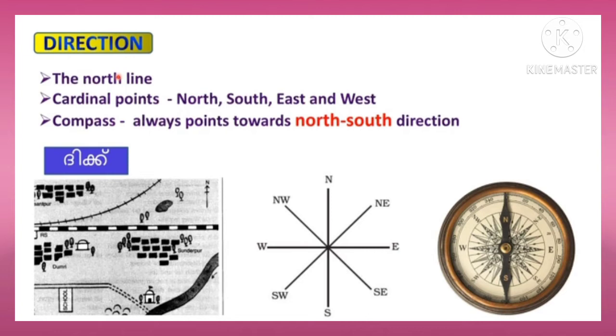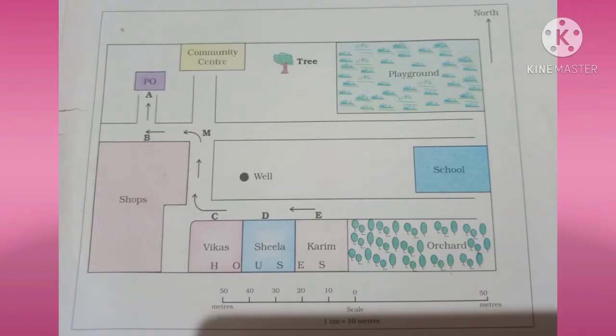So now you have to look at figure 4.1 and find the answers to these questions: the direction of the community center and the playground from Vigas house, then the direction of school from shops.